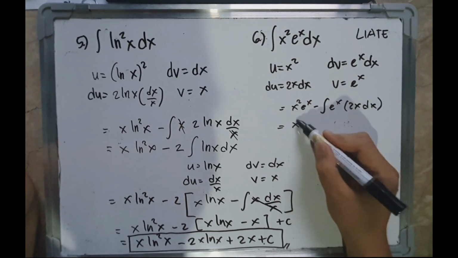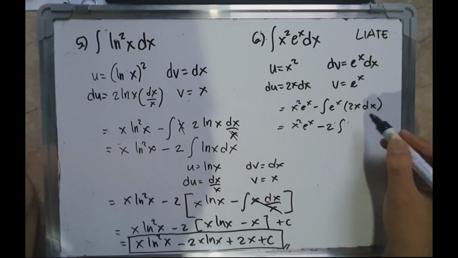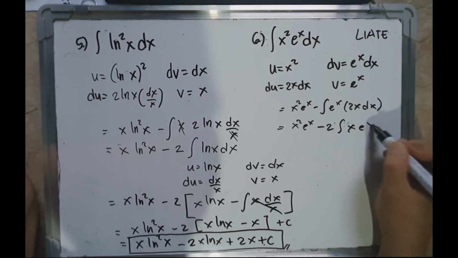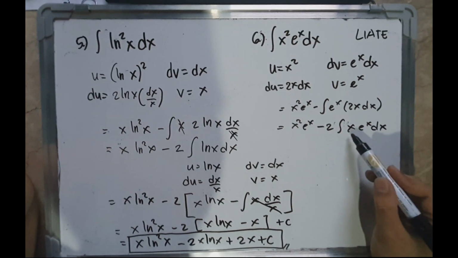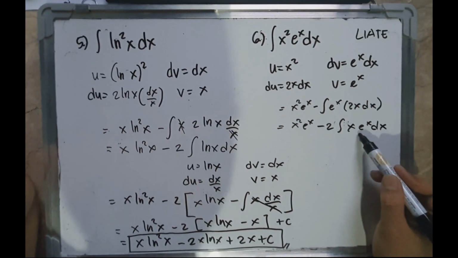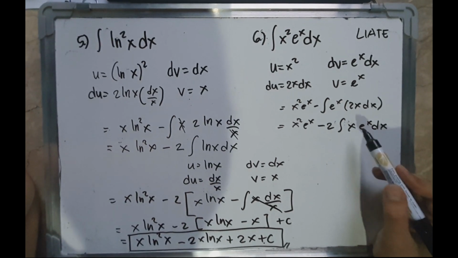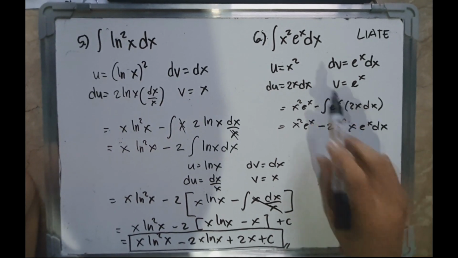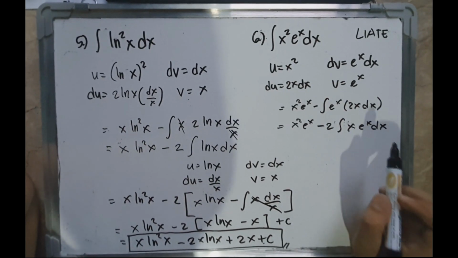We now have x squared e to the x minus, let's write the 2 outside, 2 times the integral of x e to the x dx. Look what we have here. We still have the algebraic and we still have the exponential, but notice the algebraic has decreased its power from x squared. Now it is x.